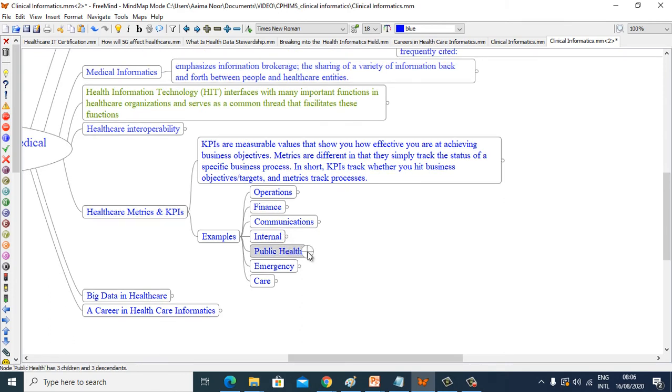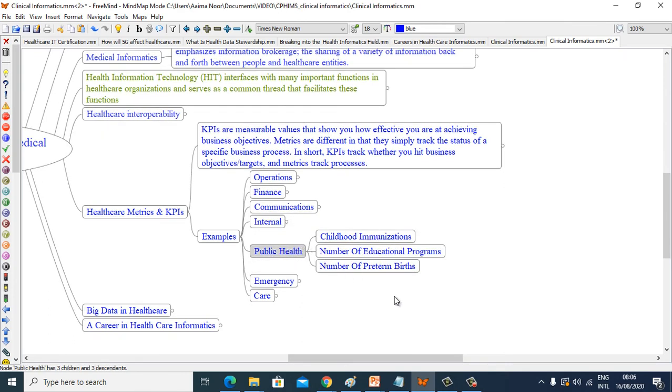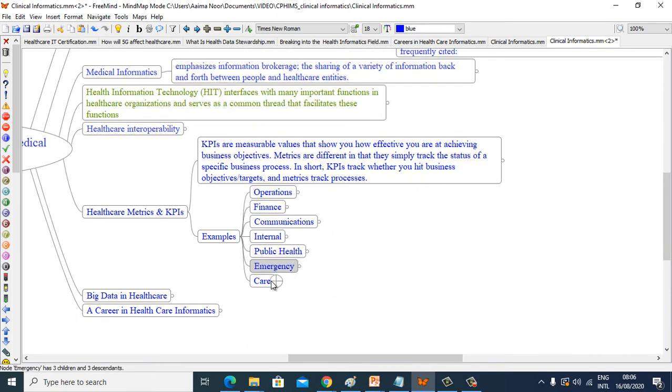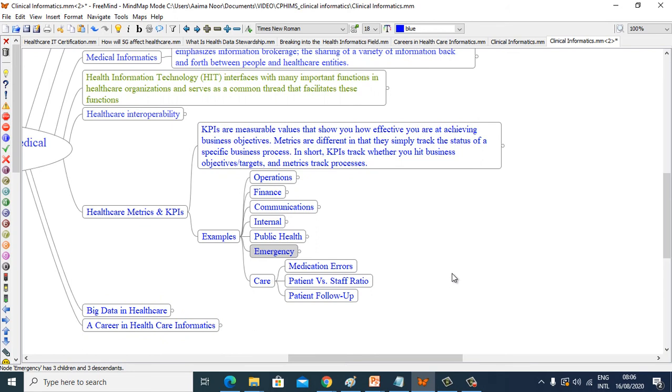Public health: childhood immunization, number of educational programs, number of preterm births. Emergency: patient wait time by process steps, time between symptom onset and hospitalization, number of visitors, patients who leave without being seen. And care: medication errors, patient versus staff ratio, patient follow-up.